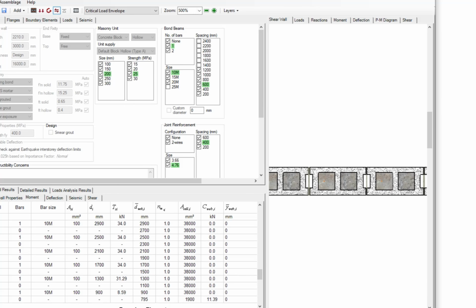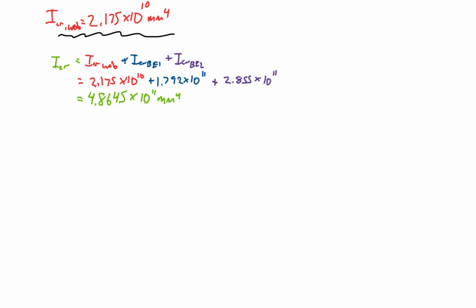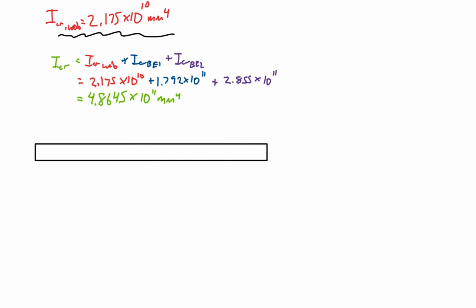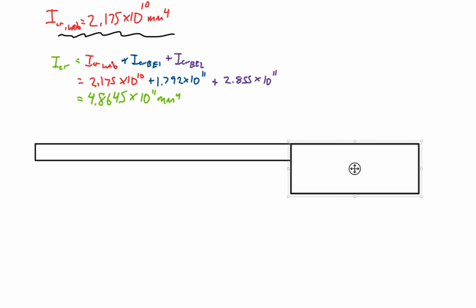So what I'm going to do is use these values and figure out what that cracked moment of inertia is, given that we already know our KD value. That's the location where those first moments of area balance out. I'm going to quickly draw a boundary element here to illustrate, a bit bigger, not to scale.